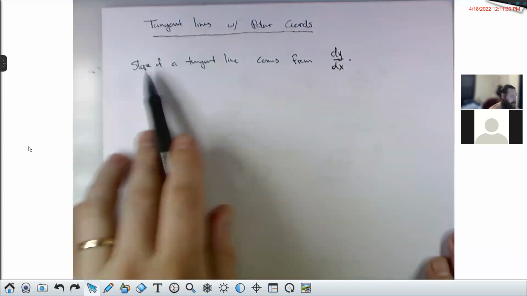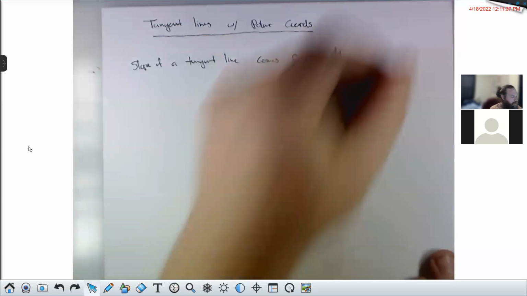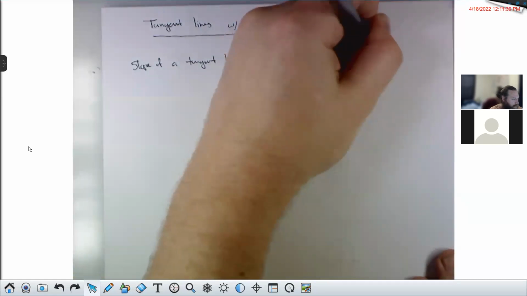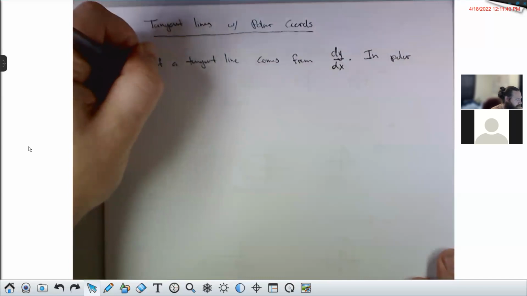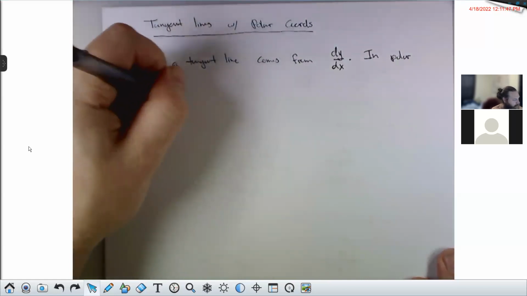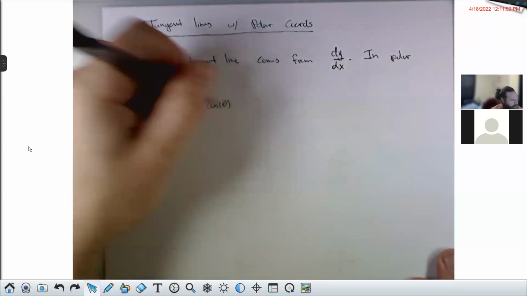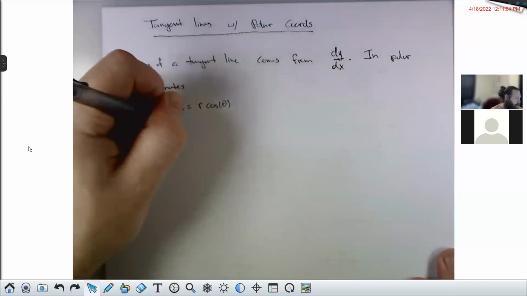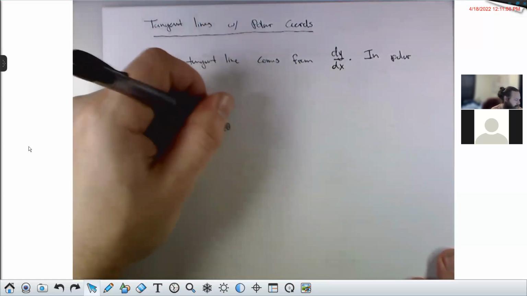So let's get back to here. The slope of a tangent line we know comes from dy dx, right? That's something we've known since Calc 1. In polar coordinates, x is r times the cosine of theta, and y is r times the sine of theta.